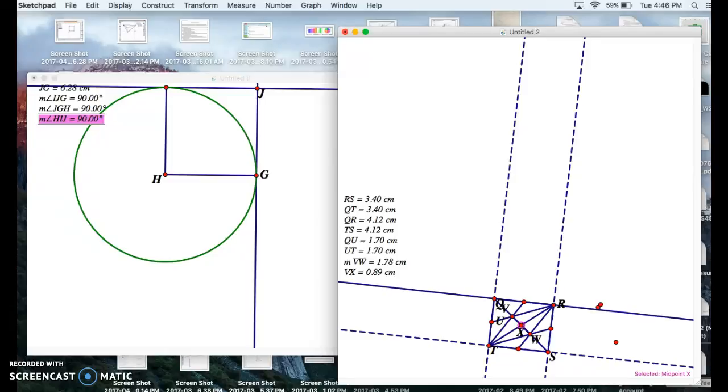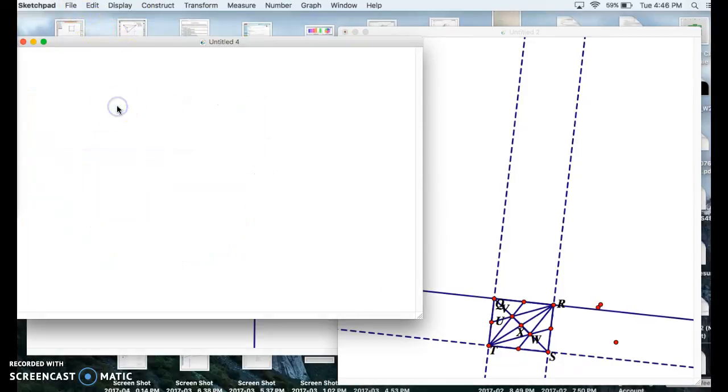Triangles also have interesting properties related to their sides, angles, and areas and the centers. Now we will explore the triangle centers. So let me open a new sketchpad, and this is the one we'll use.